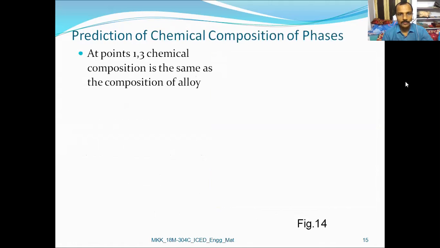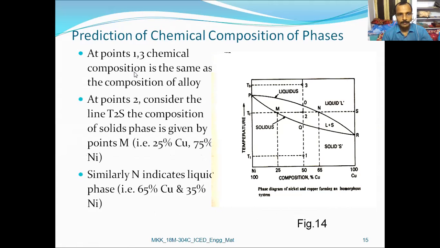So prediction of chemical composition of phases. At points 1 and 3, chemical composition is same as that of the composition of the alloy. Nothing but at 1 and 3, 50% copper and 50% of nickel. Whereas at the point 2, consider T2S.